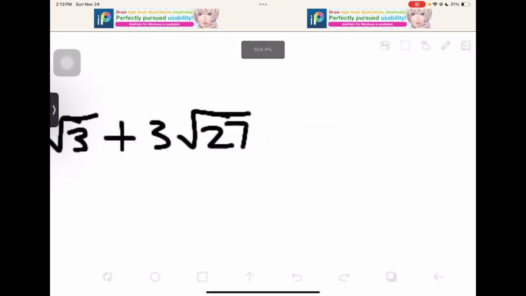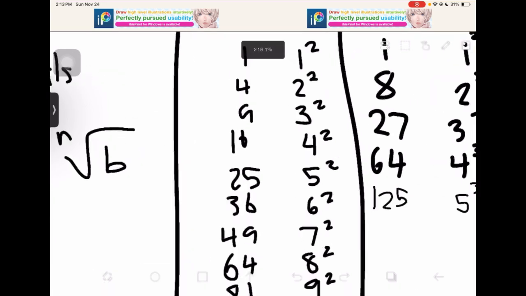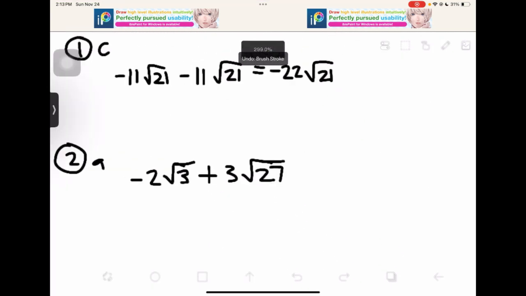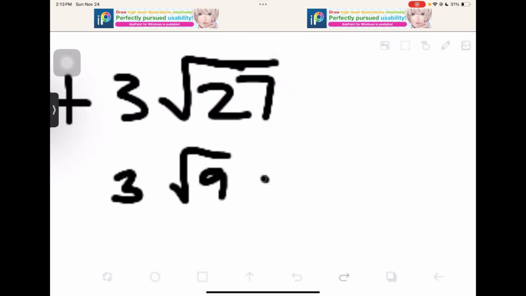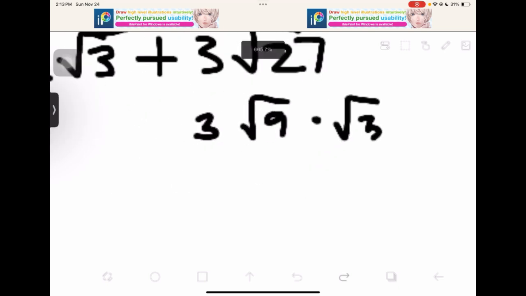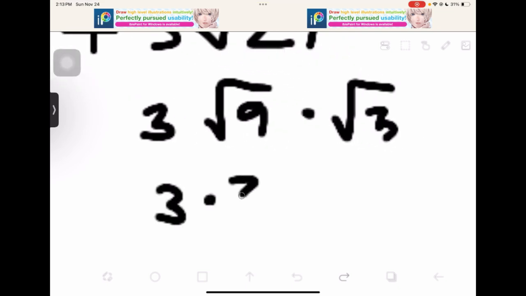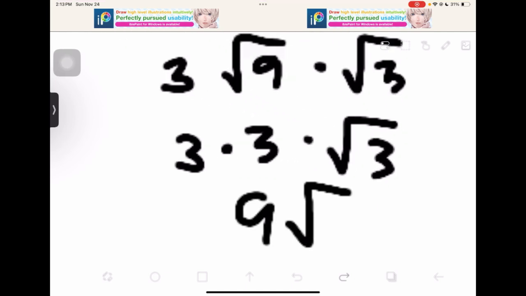So let's check if there's a number that will perfectly divide 27 in this list. And as you could see, there seems to be one. It's 9. We're going to do that. So it's going to be 3 square root of 9 times square root of 3, or just 3 times 3 square root of 3, or 9 square root of 3.